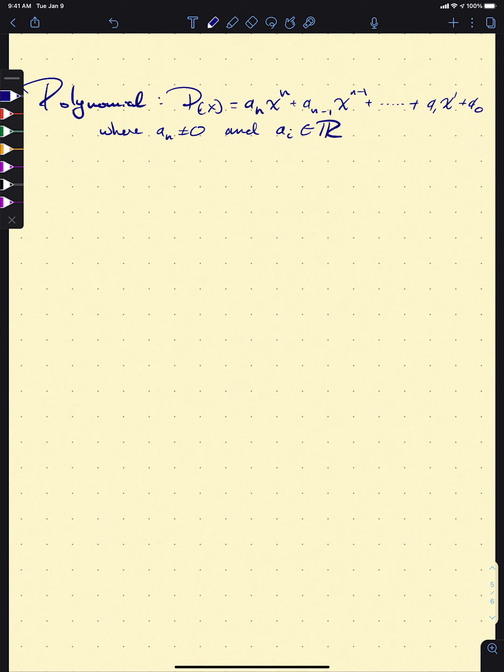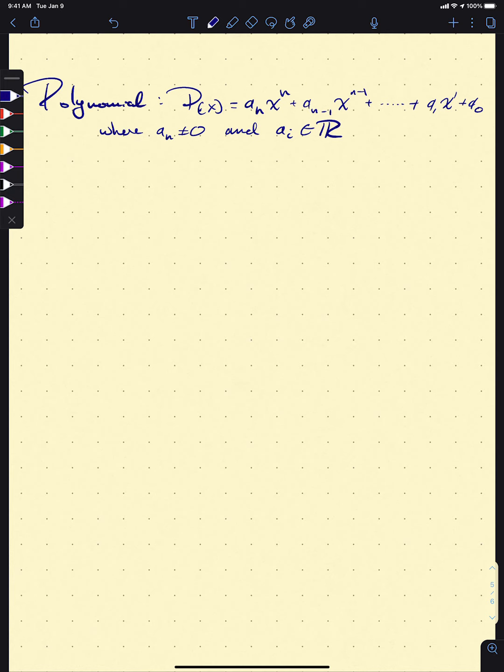They're things that look like p of x equals a sub n x to the n, plus a sub n minus 1 x to the n minus 1, and then it goes all the way down to, say, a1 x plus a0, right? Where we say a sub n does not equal 0, and all of my a sub i are real numbers, okay?